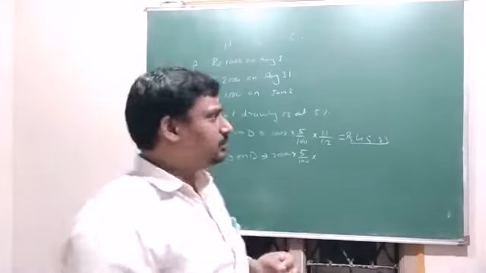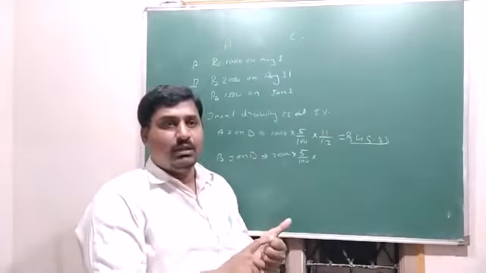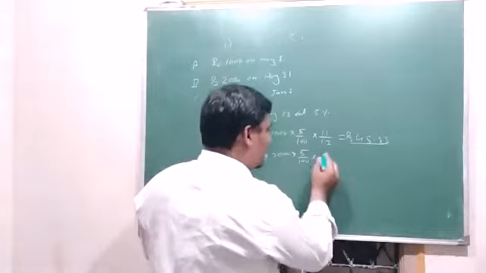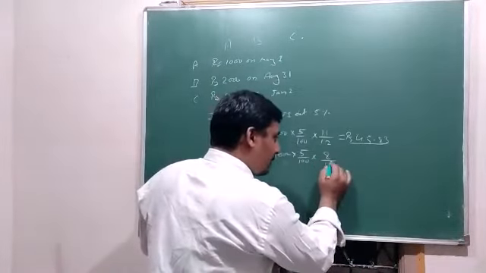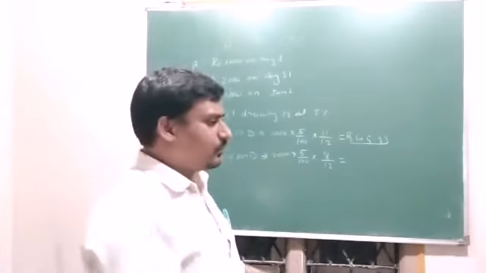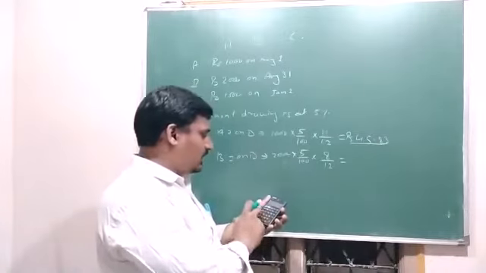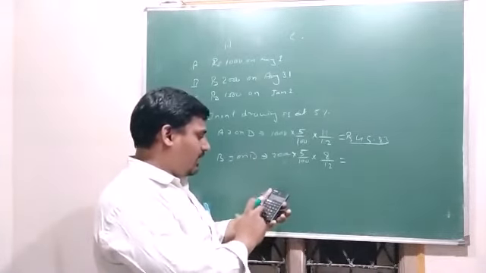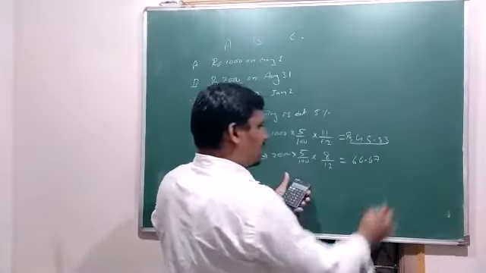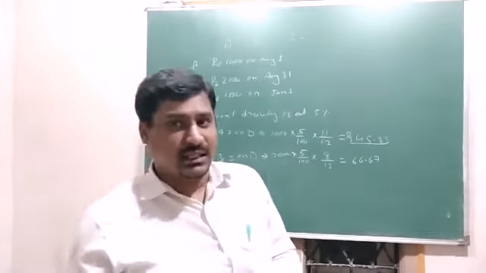For 8 months that amount is not there in the business. So 2000 into 5% into 8 divided by 12 is equal to 66.67 rupees.